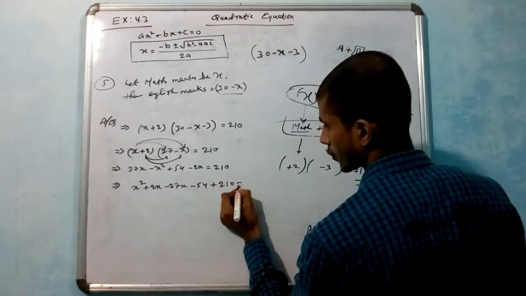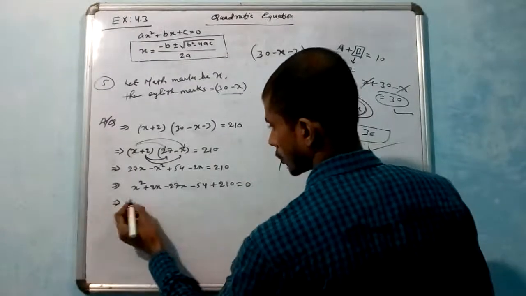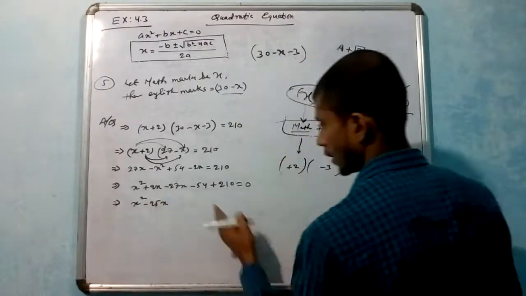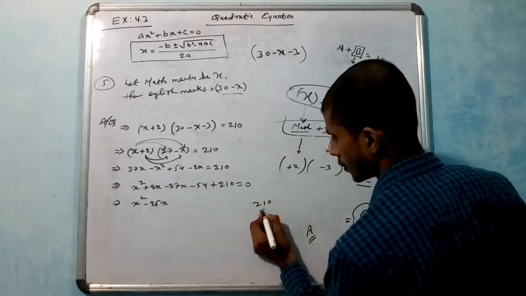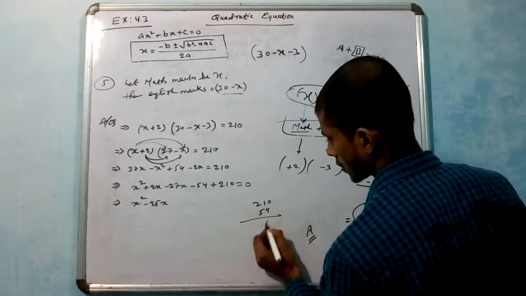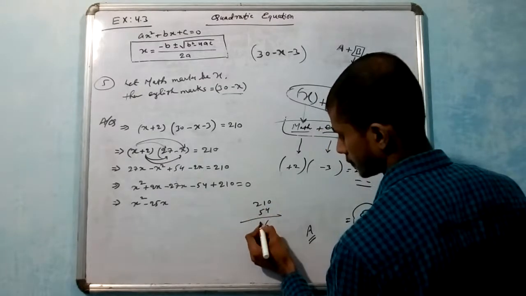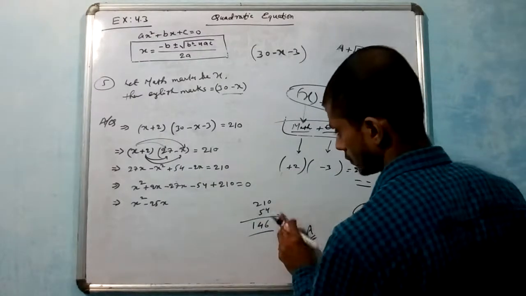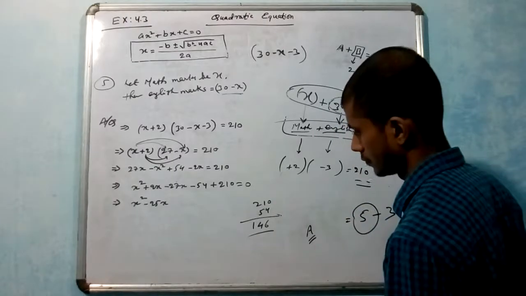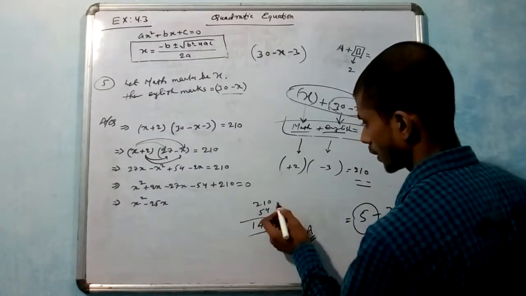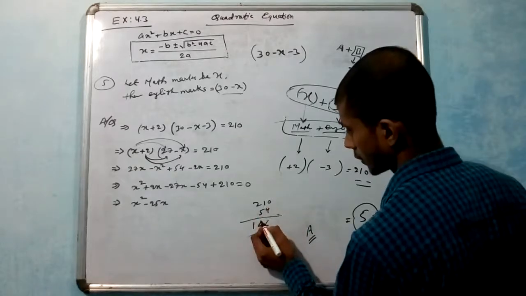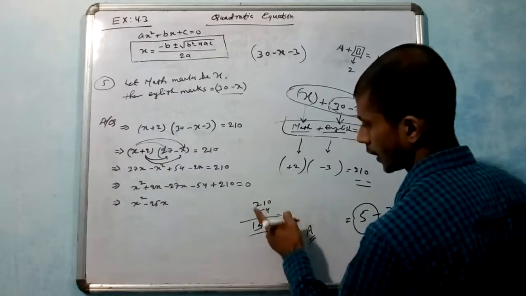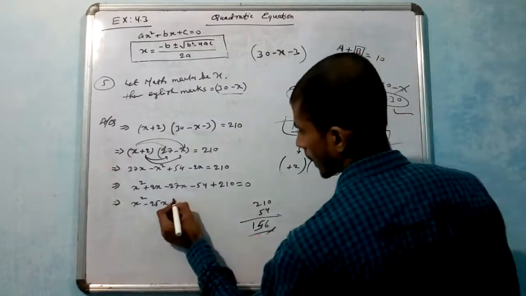So it becomes x square minus 25x, and solve this. 10 minus 4 is 6, then 10 minus 5 is 5, and then 1, so 156. So plus 156 is equal to 0. Fine, we got this.